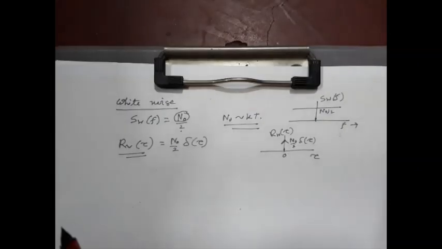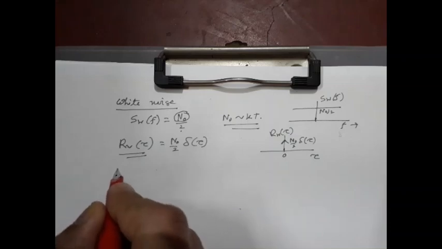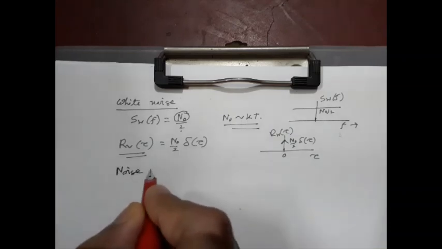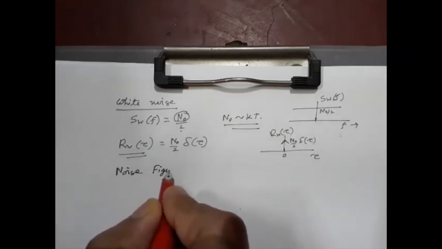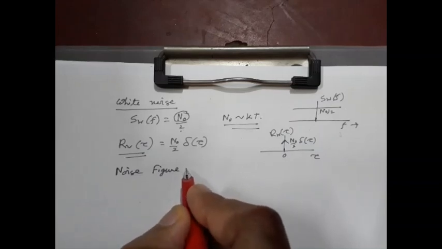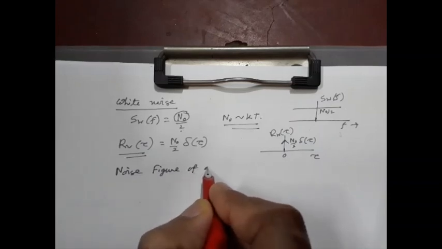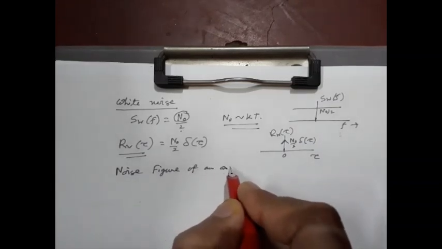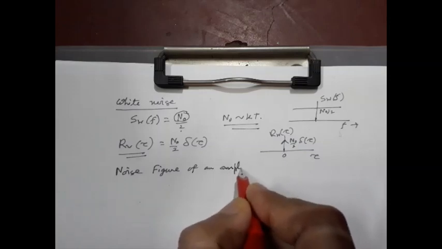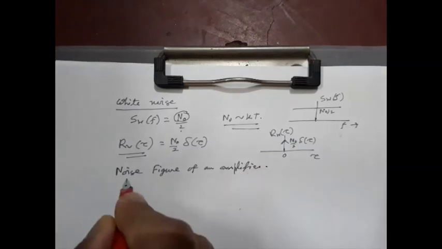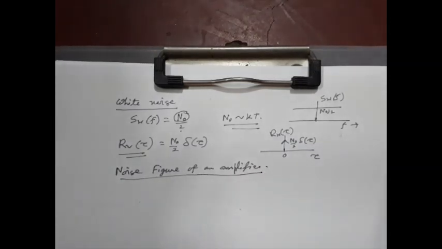Now we will try to understand the noise figure of an amplifier. Well, noise figure may be defined in various ways.